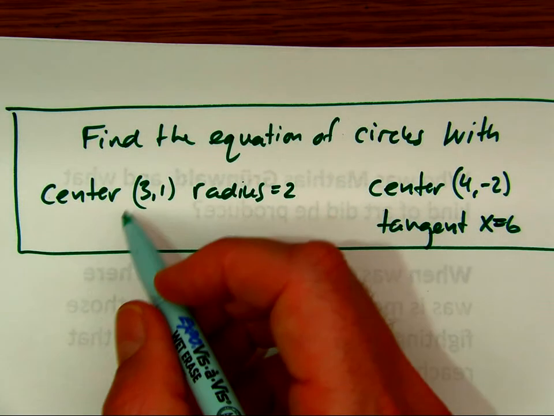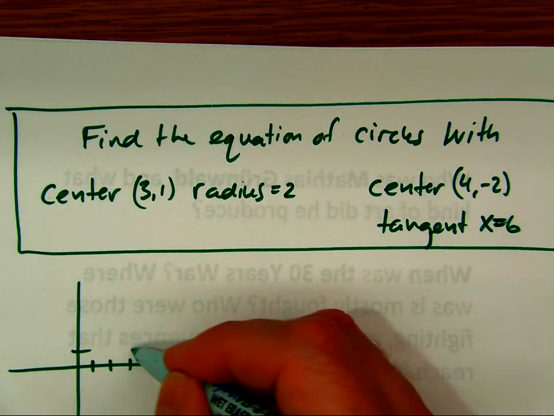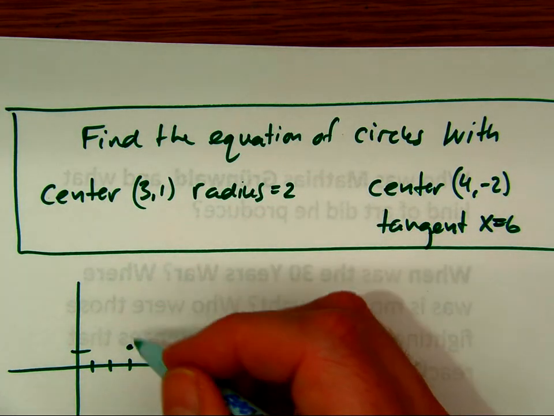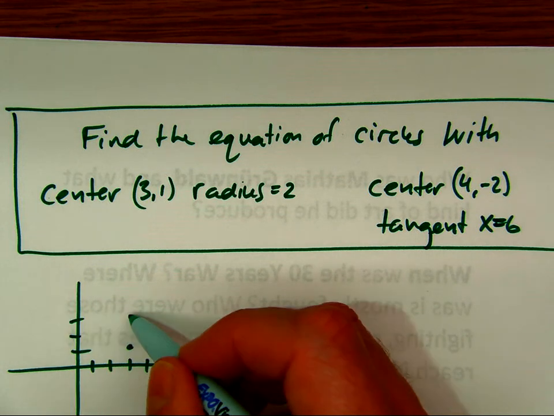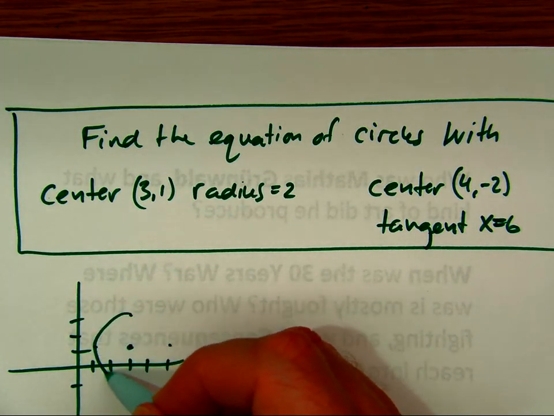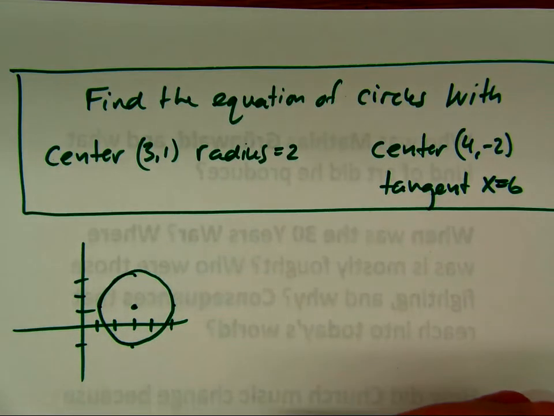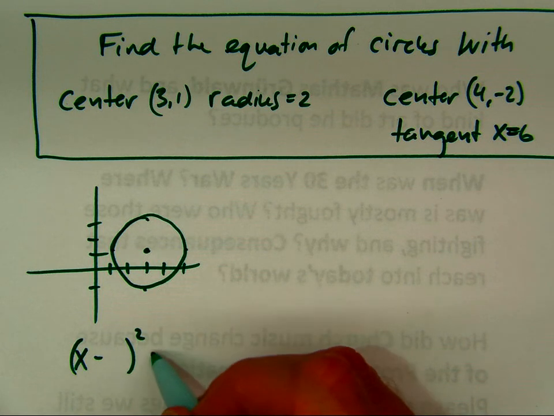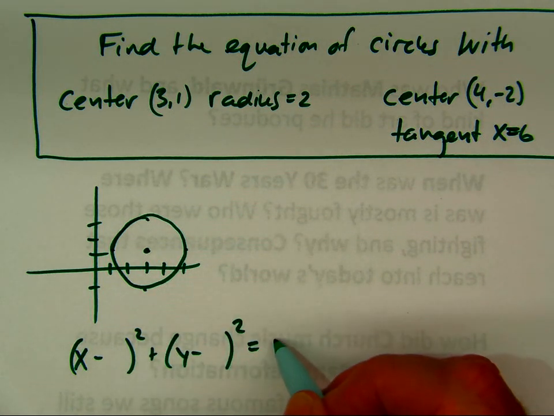And if we have the center at (3, 1) with a radius of 2, and then for the equation of a circle, we have (x minus h) squared plus (y minus k) squared equals r squared.